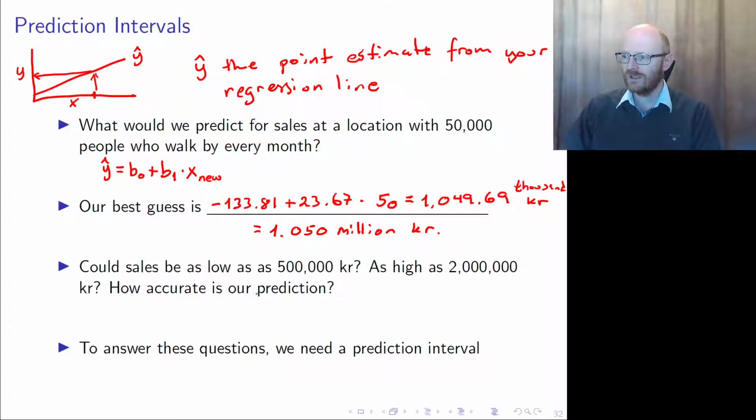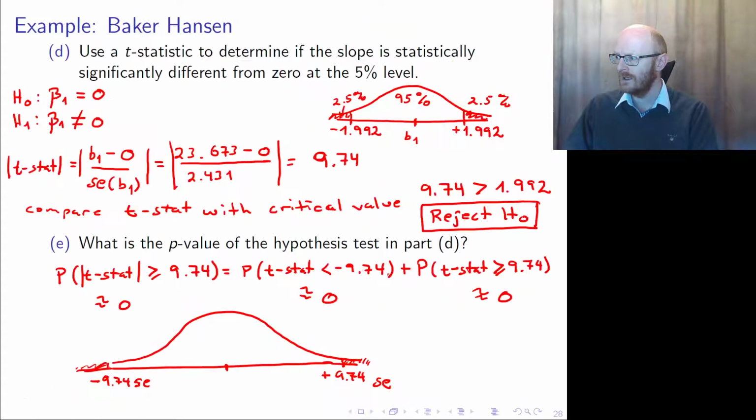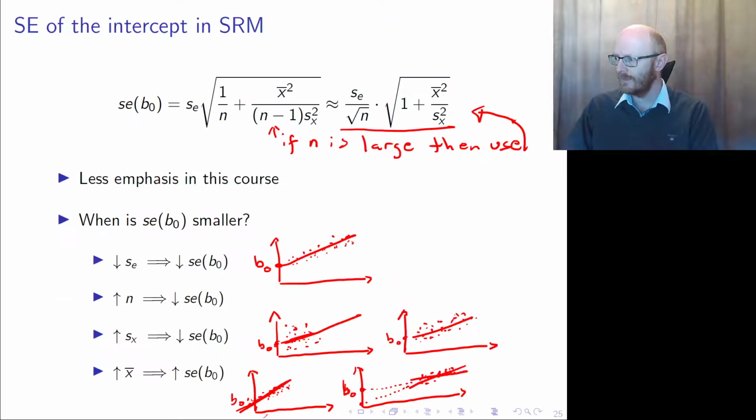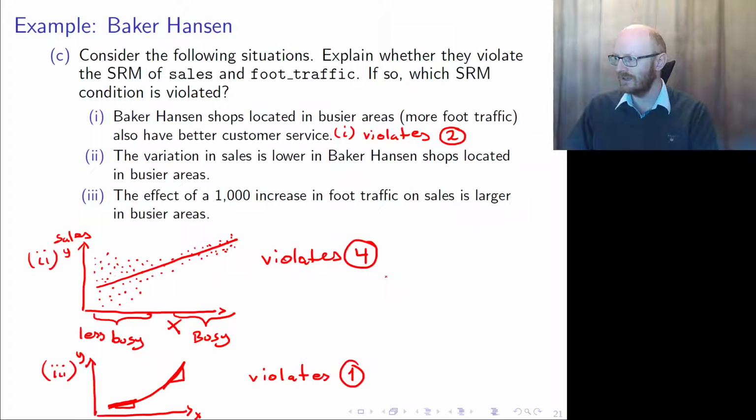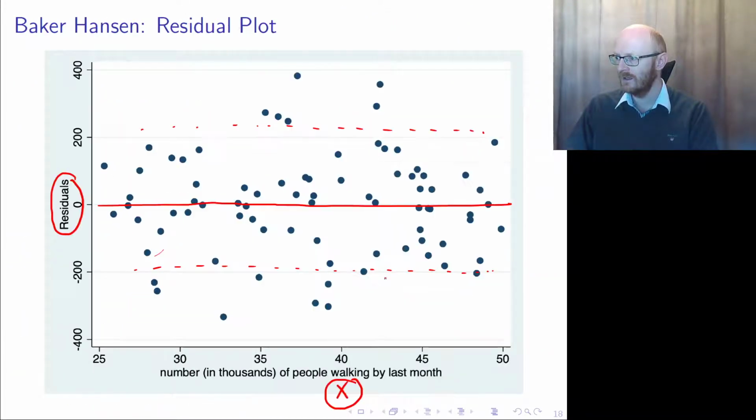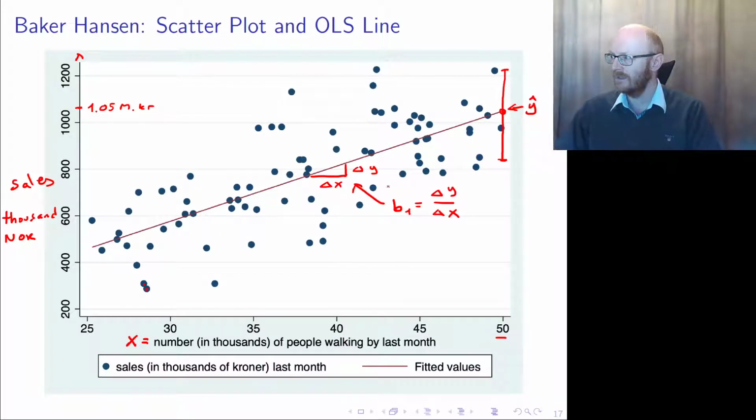So could sales be as low as 500,000 kroners or as high as 2 million kroners? And how accurate would your prediction be? Because if you look at the regression line, let's see how far back we have to go. Yeah, here we get it.